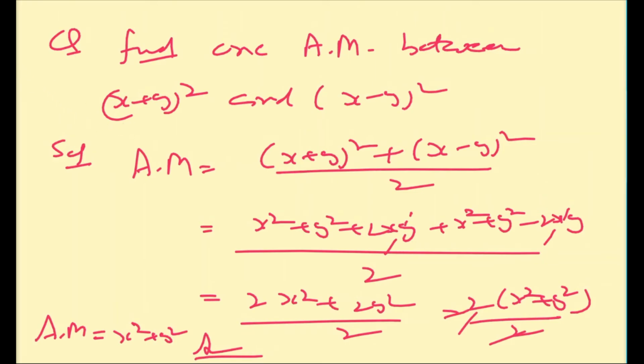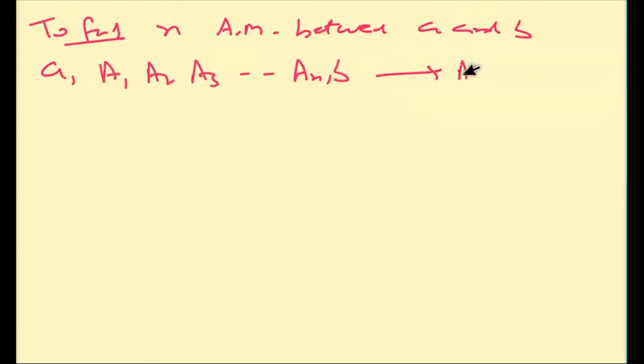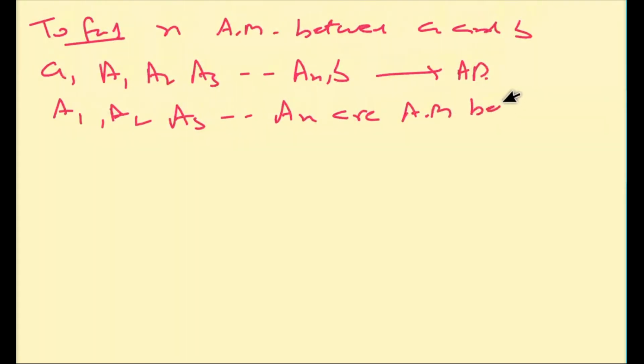Now, student, if you want to find more than one arithmetic mean between A and B, let A, A1, A2, A3, ..., AN, B be in AP, where A1, A2, A3, ..., AN are the arithmetic means between A and B. Now in this series, how many terms?